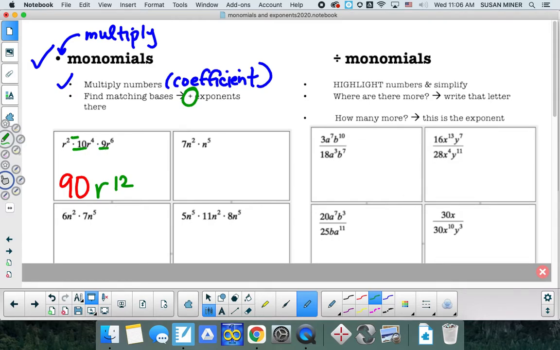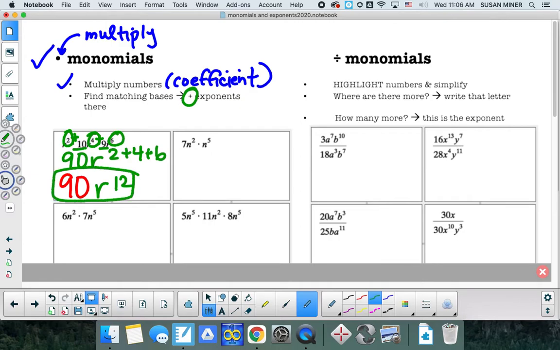And then add up 2 plus 4 plus 6. So this would be 90 r to the 2 plus 4 plus 6, because each of these is telling me how many r's there are. How many total r's? 2 plus 4 is 6, plus 6 more gives me r to the 12.